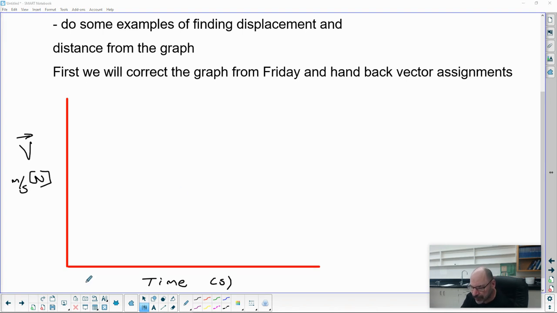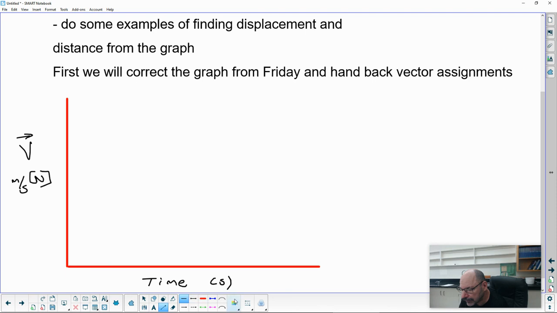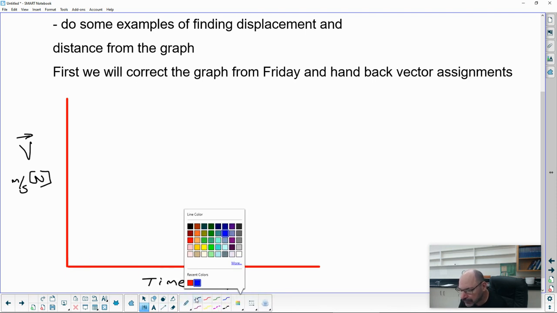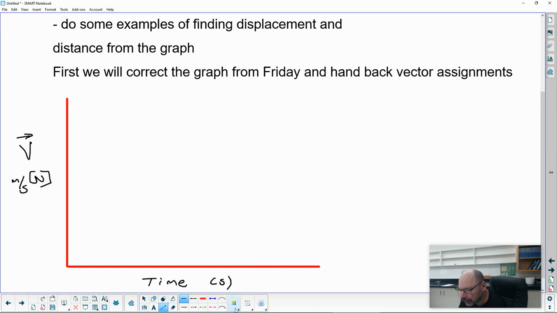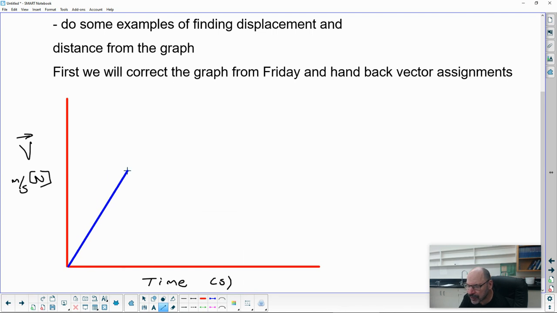We'll just draw a basic pattern here, and we'll look at what everything means. So let's say that we start at 0 meters per second down here. Let's use a solid blue line. And we go up to some speed, and then we go constant velocity.